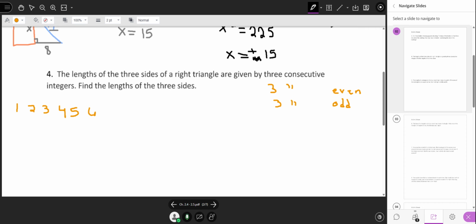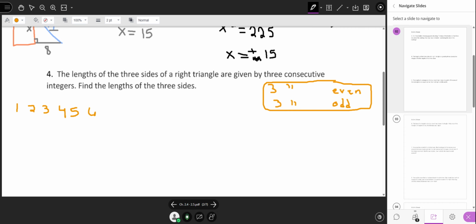Consecutive even or consecutive odd is the same situation. Okay? So, your first number, whether it's even or odd, will change depending on which one it is. But how you work it will be the same.